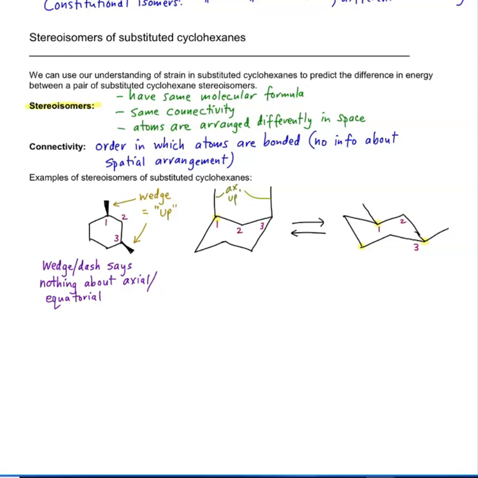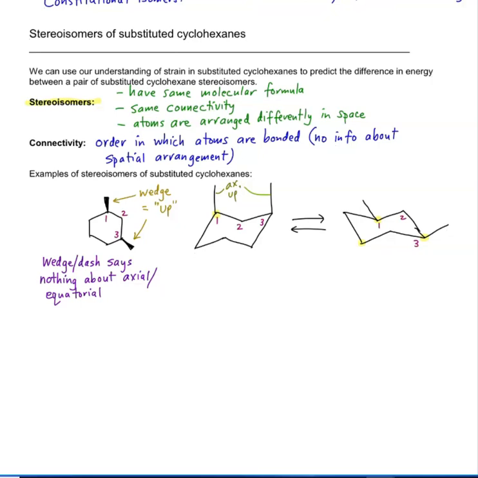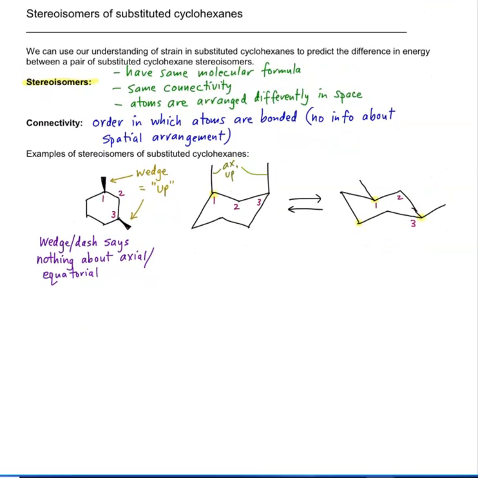That's why I said when I drew the first chair that it didn't matter which carbon I picked to be carbon 1, because I'm going to get the other possibility when I draw the ring flip.